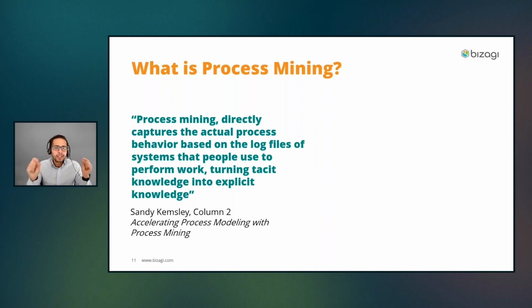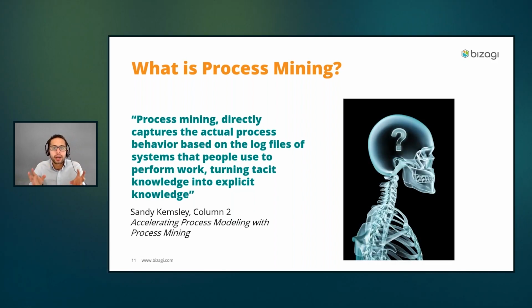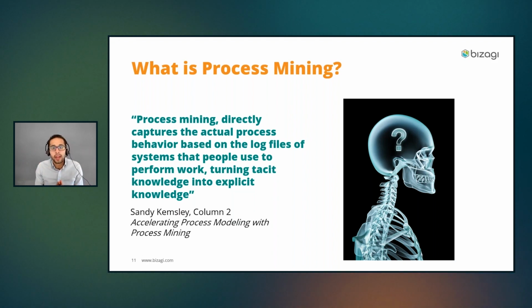One great analogy and one great way that I like to explain process mining is to imagine that doing process mining is like an X-ray of your processes. So in the same way that we all know that in our bodies we have bones, right? And we have a specific number of bones, and every single bone has its place, and all of them are organized in a really specific way.